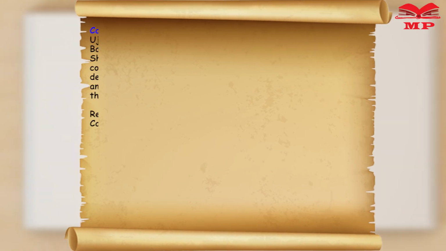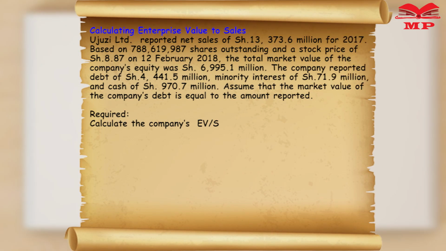The question says, Ujuzi Limited reported net sales of 13,373.6 million for 2017. Based on the 788,619,987 shares outstanding and a stock price of 8.87 shillings on 12 February 2018, the total market value of the company's equity was 6,995.1 million.